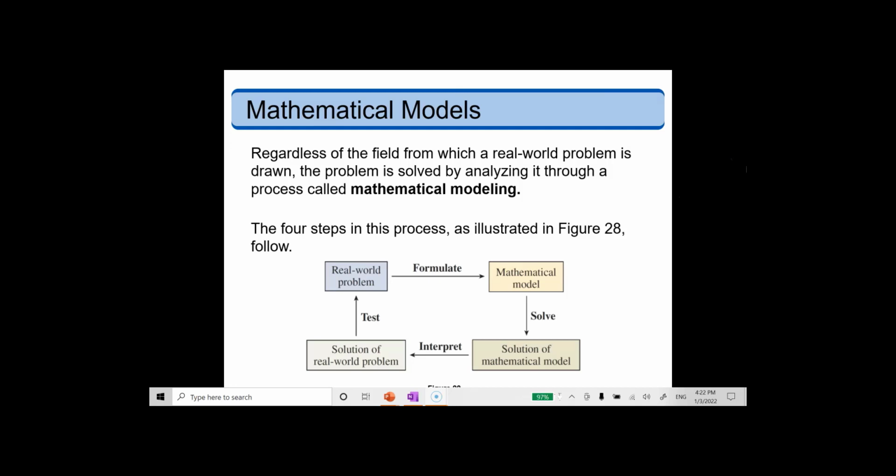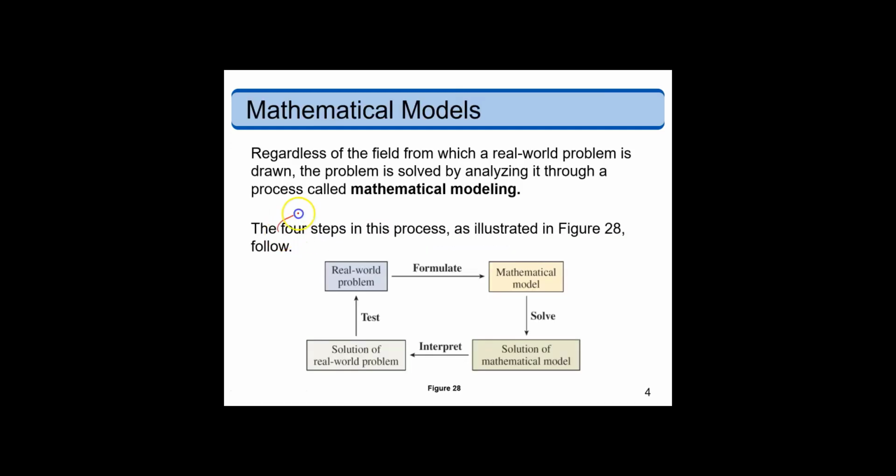So there are 4 steps in this process. First of all, we have a real world problem, real world application. So we formulate mathematical models. In this case, we use the linear function mx + b. And then after that, we solve for, typically, slope and y-intercept.